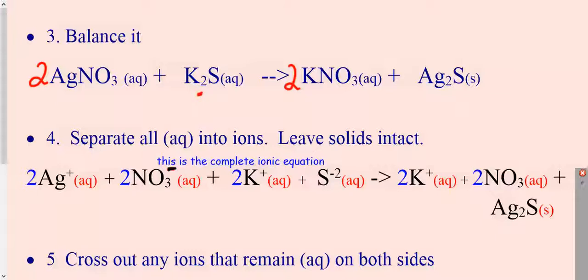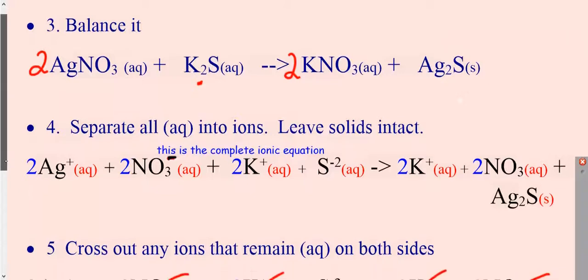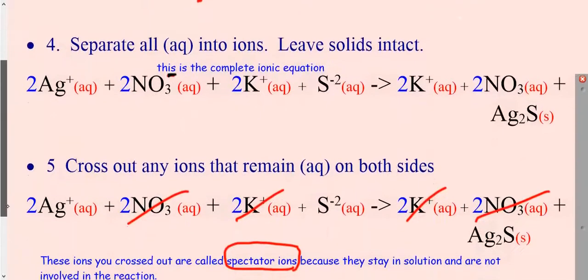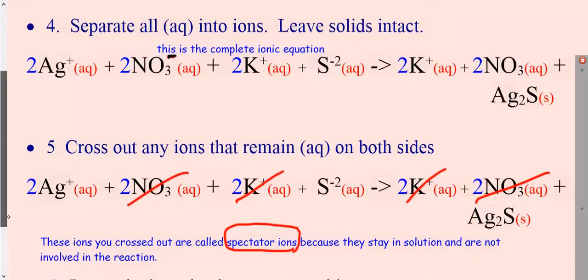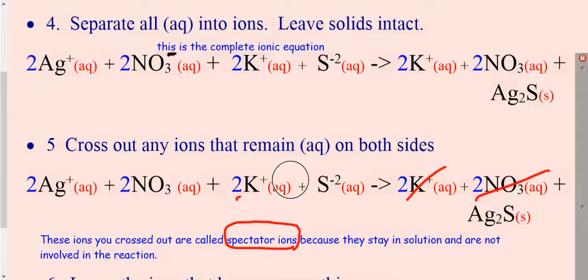Next step, once you've written your complete ionic equation, then you separate out any ions that remain aq on both sides. Here's my complete ionic equation. I look to see if silver on this side is aq, but on the right side of the equation it's in a solid, so I can't cancel it out. Nitrate is aq on this side, aq on that side, so nitrate will be canceled.